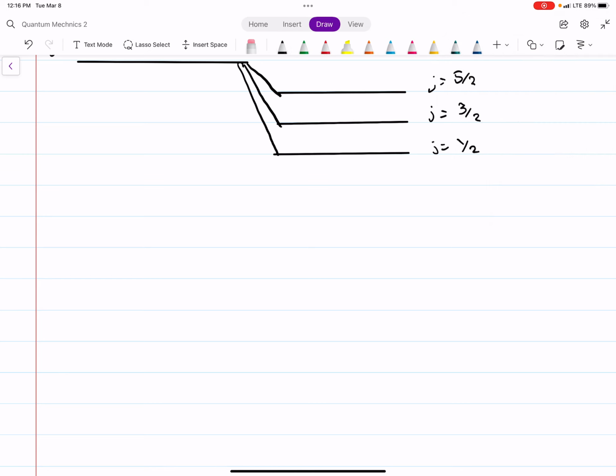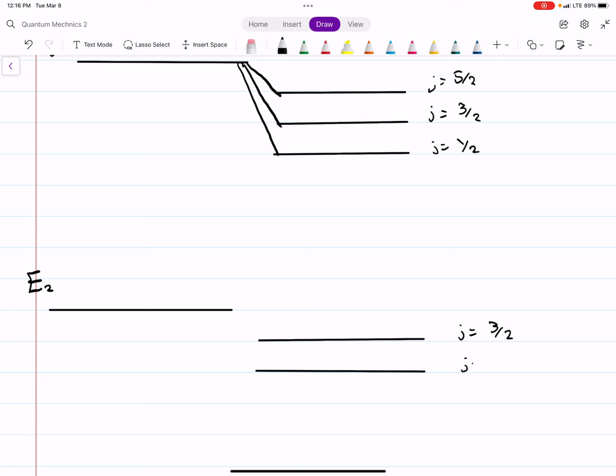And then we also have an E2, which drops down to just 2 levels. And this is J equals 3/2, J equals 1/2.